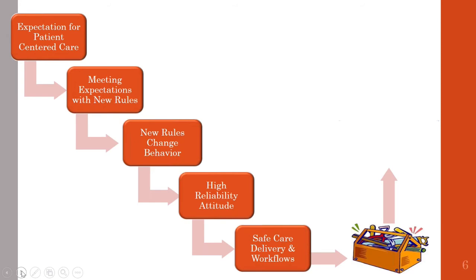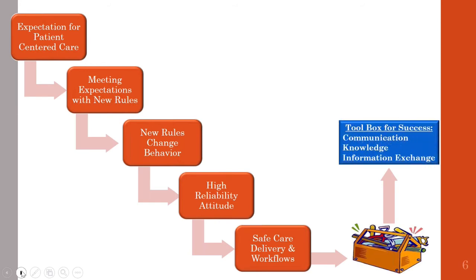And what it means is the old school rules have to change, and we have to start playing by a new set of rules. And when we do that, we change our behaviors and we change our attitude. And the attitude becomes rooted in those high reliability concepts. And you'll start seeing those workflows shift and outcomes result from that.